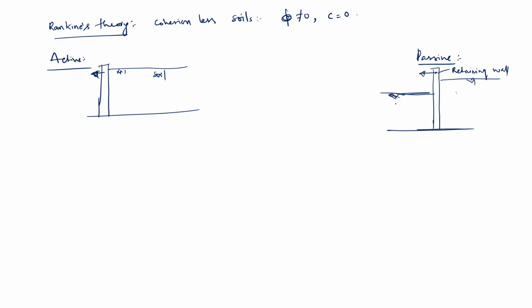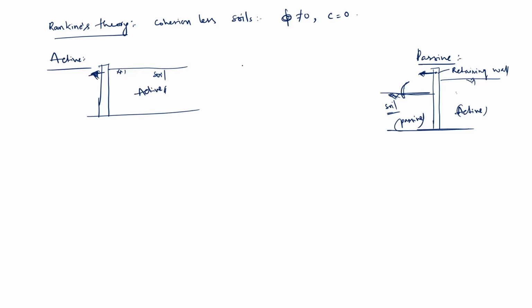With respect to this side soil, it is moving towards the soil. Whenever it is moving towards the soil, this is the passive state. Here, this is the active state because there is no soil and it is moving away from the soil.